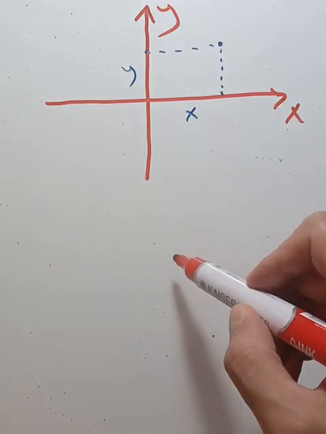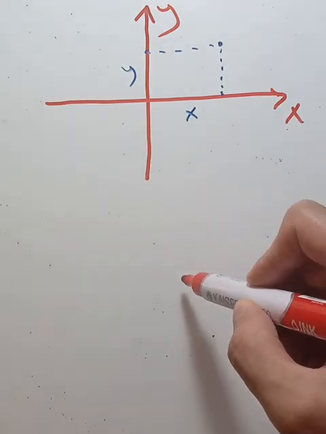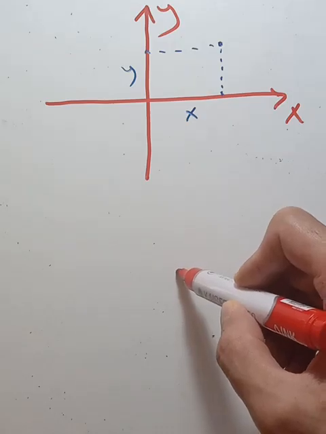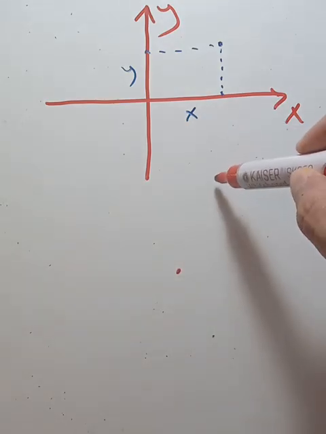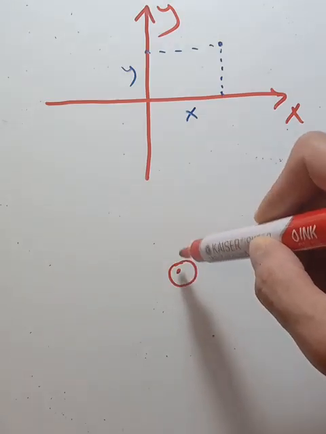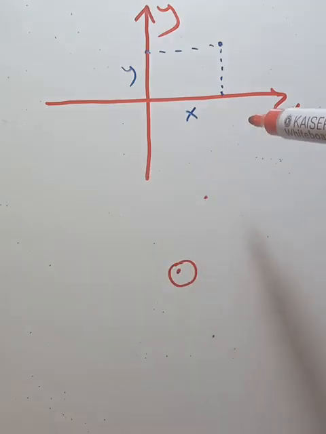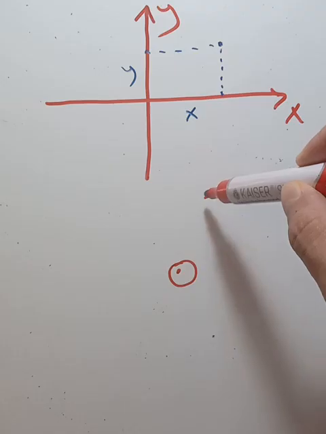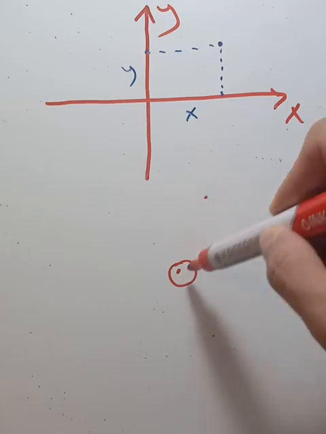For instance, the gravity force the sun exerts on the earth. This is the sun and this is the earth, which depends only on their distances.